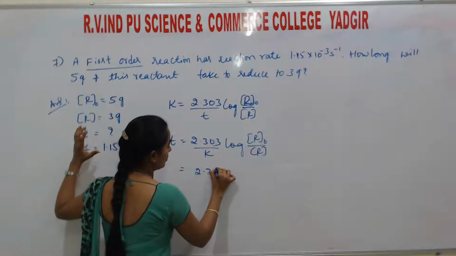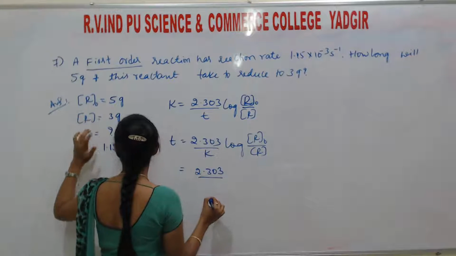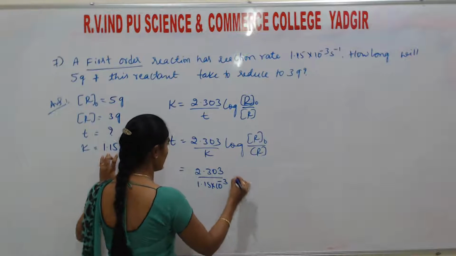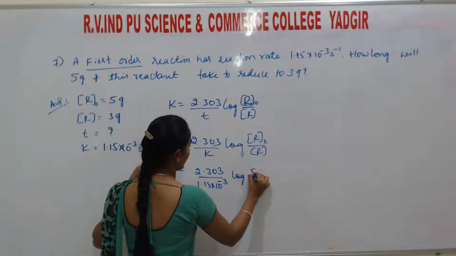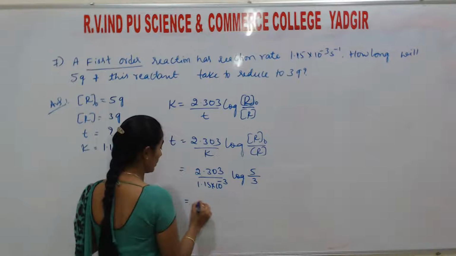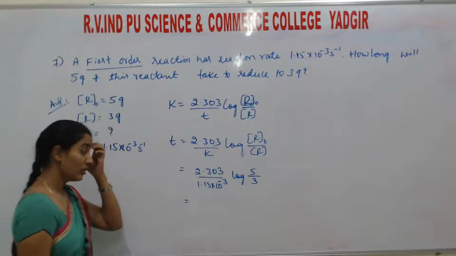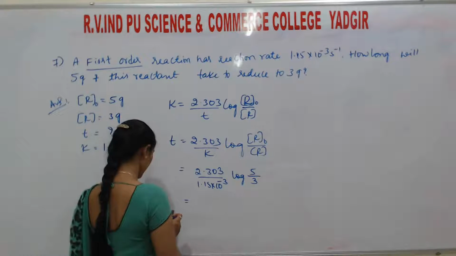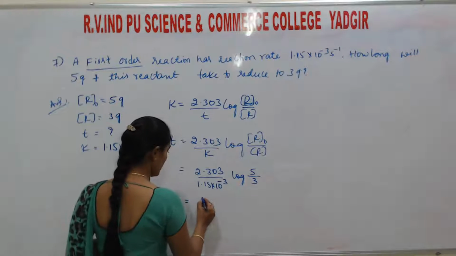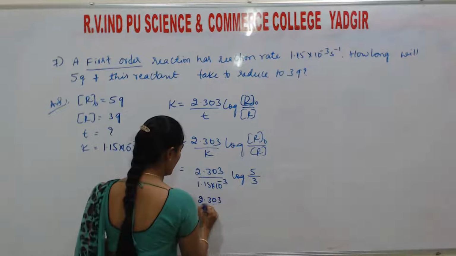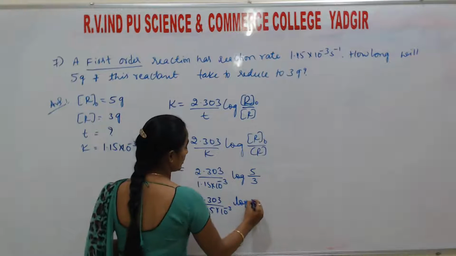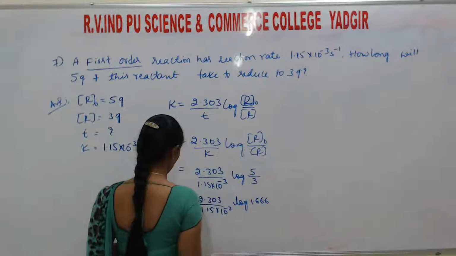So just substitute: 2.303 by K, that is 1.15 into 10 to the power of minus 3, into log of 5 divided by 3. So this one is 2.303 divided by 1.15 into 10 to the power of minus 3 into log of 1.666.